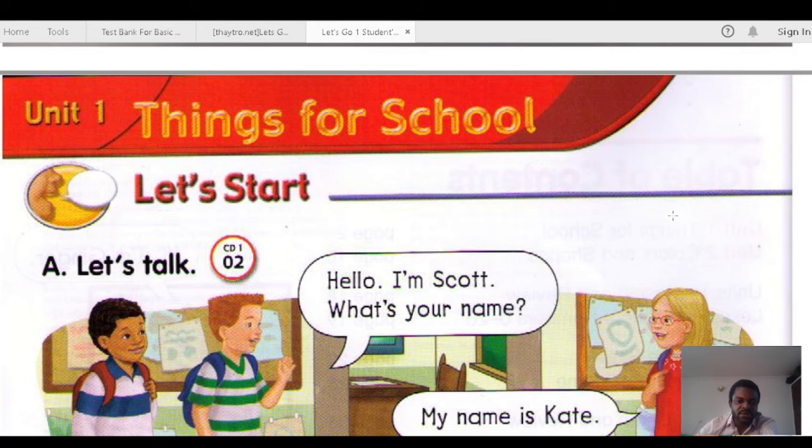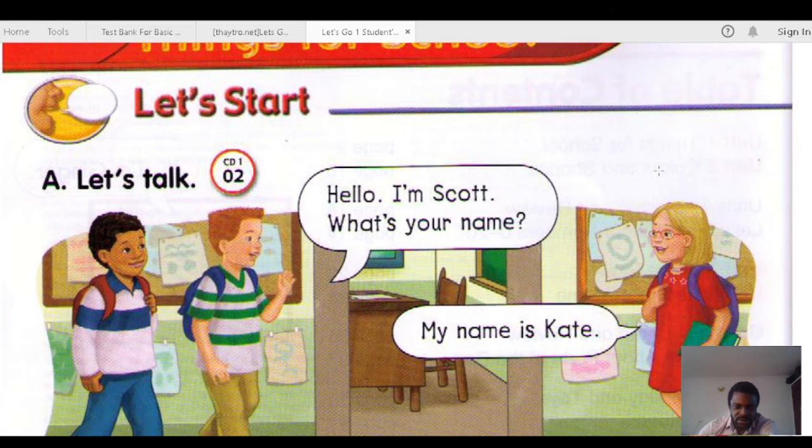As you can see from here, this is our Unit 1, Things for School. Just a review. I am Scott. I am. This is what we call contraction form, I apostrophe M. What's your name? What is your name? Your is what we're looking at.